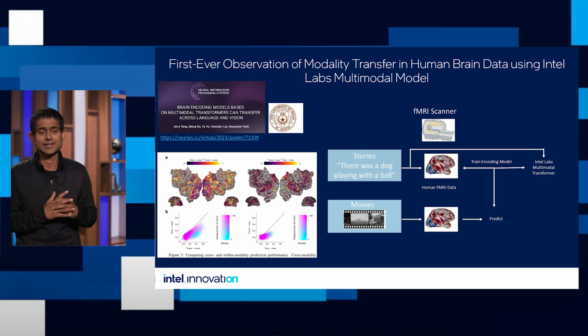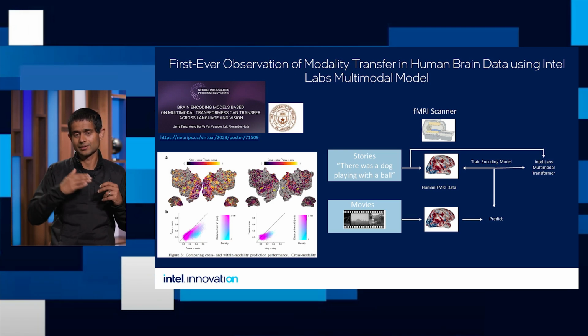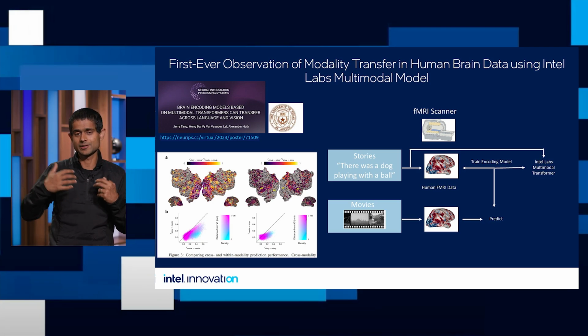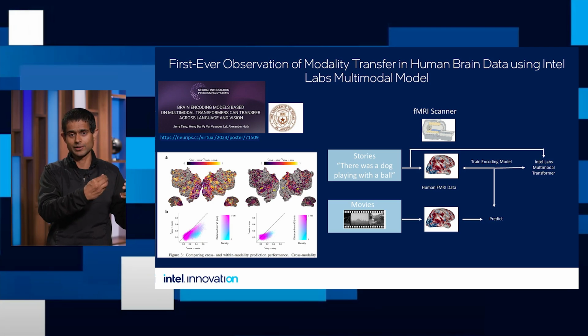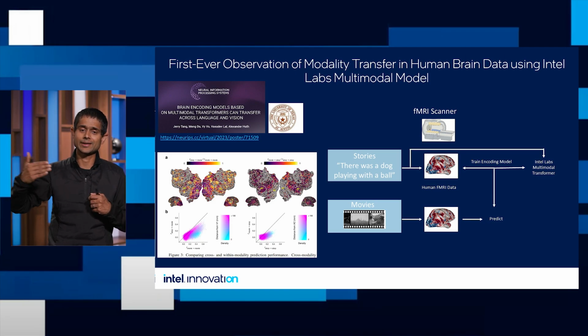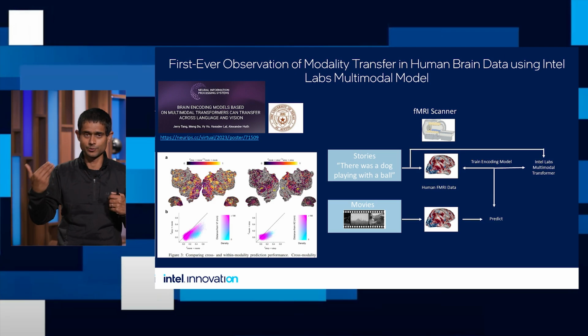Now that itself was very exciting, but what was even more exciting is when we changed the modality that these human subjects were experiencing in the fMRI scanner. So when we switched from these people listening to stories to watching a movie, the same brain encoding model that was trained just to predict the human brain response when the stimulus was a story is able to predict the human brain response when the stimulus is movies.